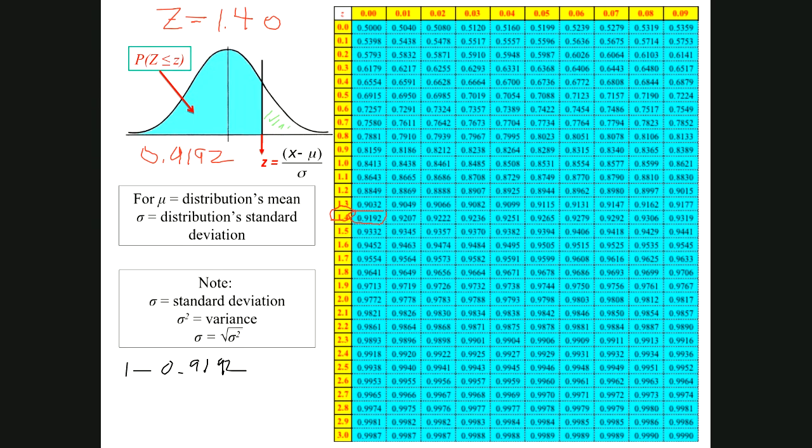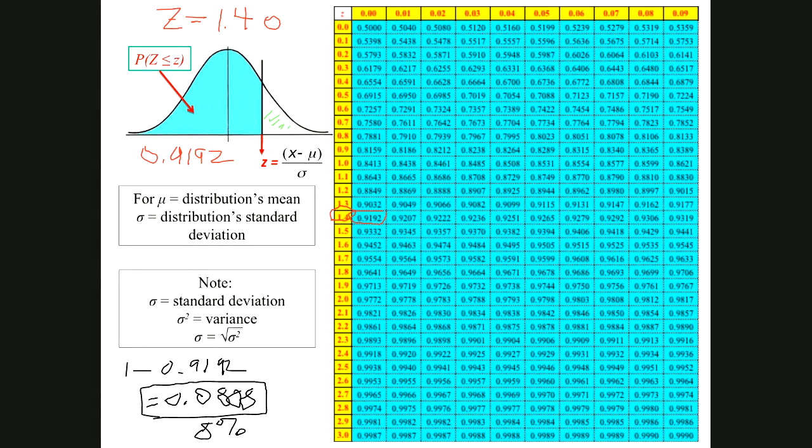And doing the subtraction, that's 0.0808. So just 8%, a little bit more than 8%, will fail before 430 days.